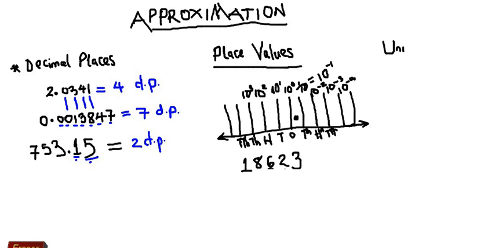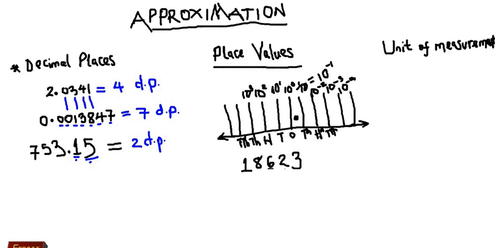Okay, so what do we mean by unit of measurement? We know that we have measures of different quantities in the physical world. We can measure distance, we can measure time, we can measure weight or mass, we can measure speed, and so on and so forth.